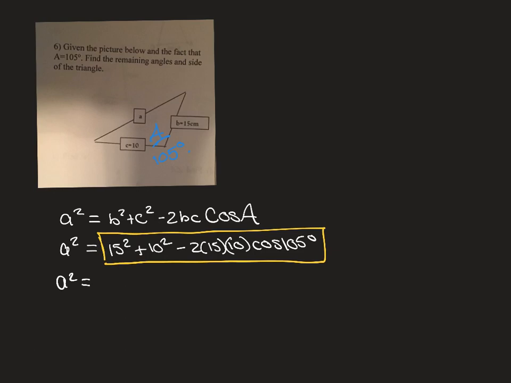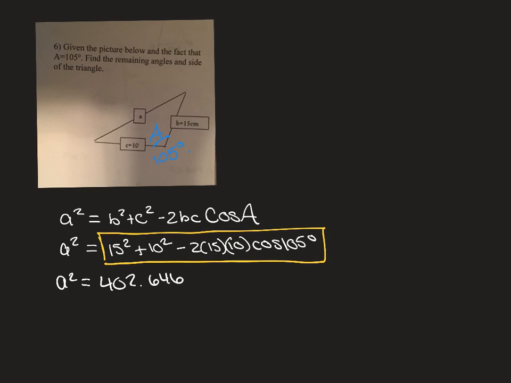So 15 squared plus 10 squared minus 2 times 15 times 10 times cosine of 105 degrees. You should get a squared is going to equal 402.646 and some change.